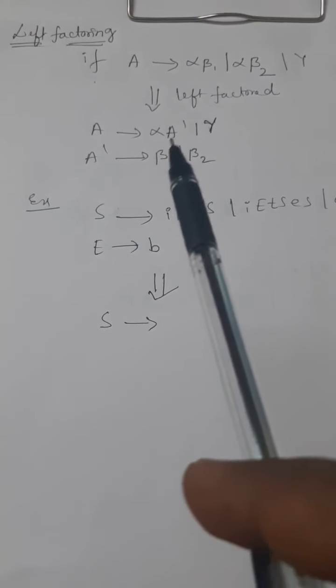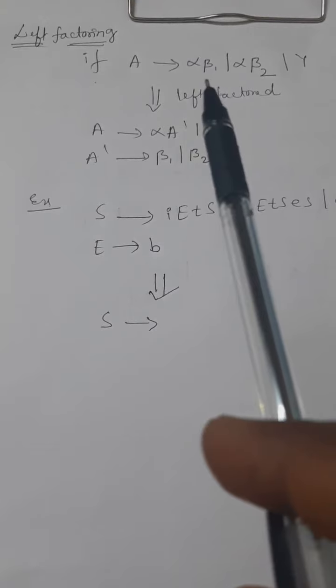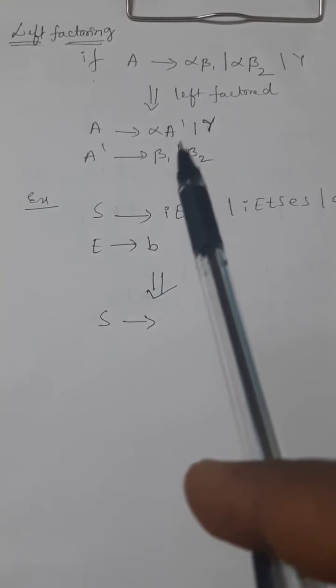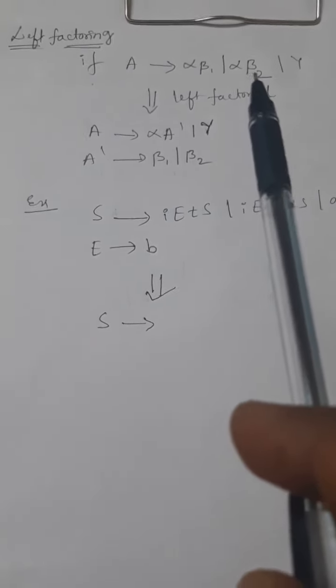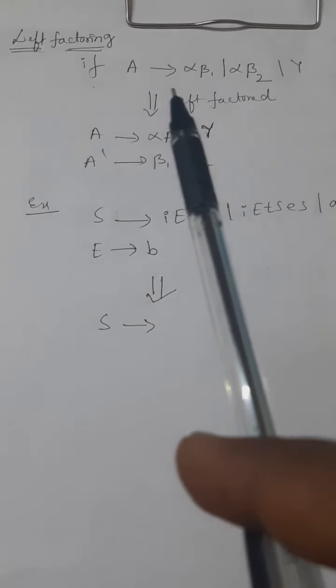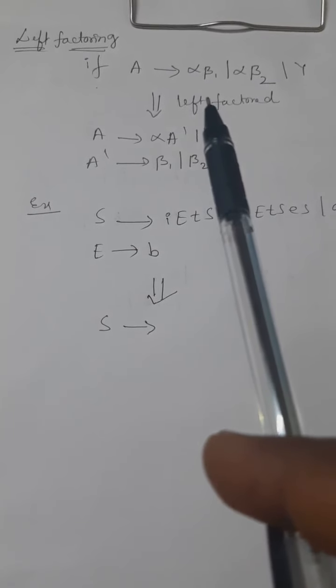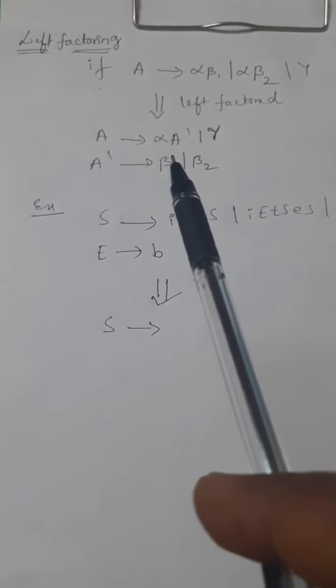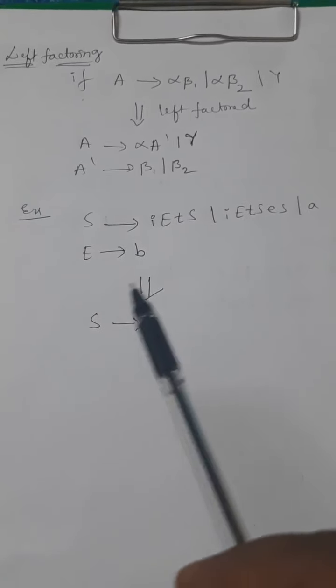A dash produces the remaining part which is not common, that is beta 1 from the first production and beta 2 from the second production. Here I have not changed the meaning of the grammar, I have just rearranged the grammar productions. Let's take one example and see how to write this.